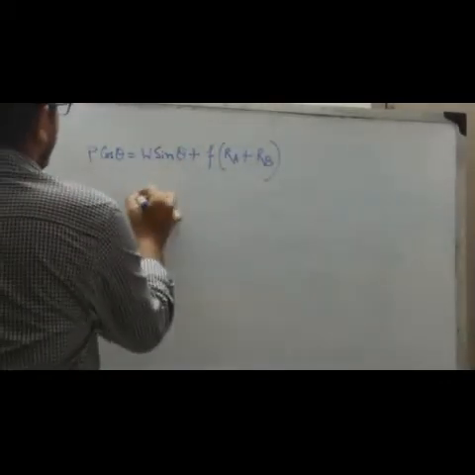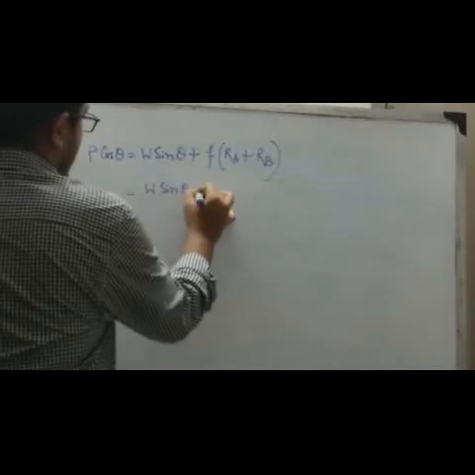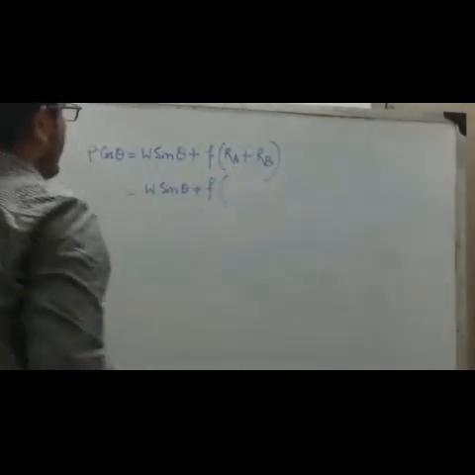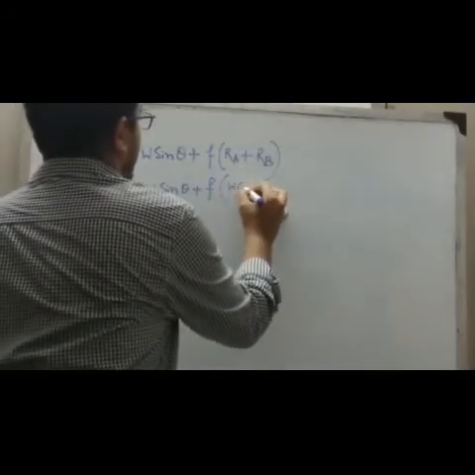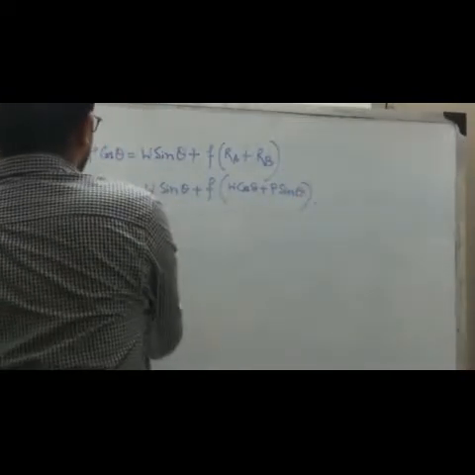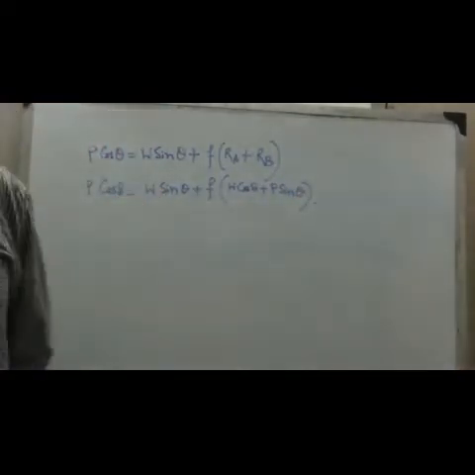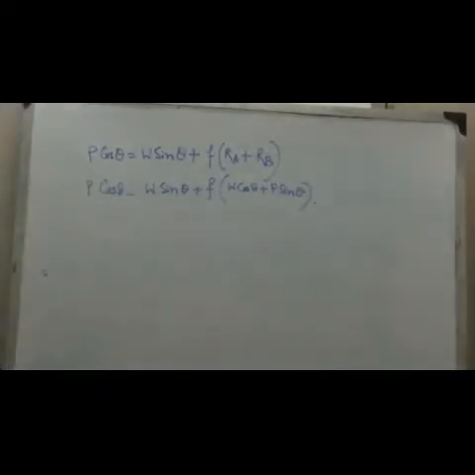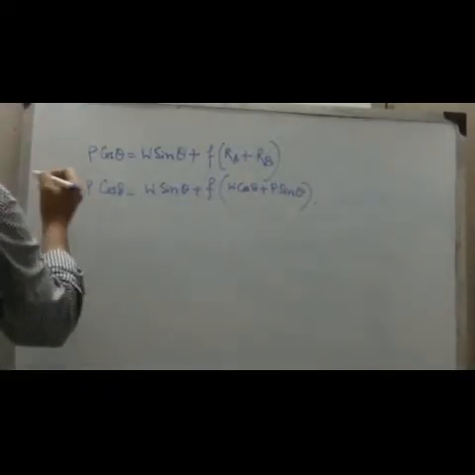Now in terms of RA and RB, P cos theta equals W sin theta plus F times (W cos theta plus P sin theta).